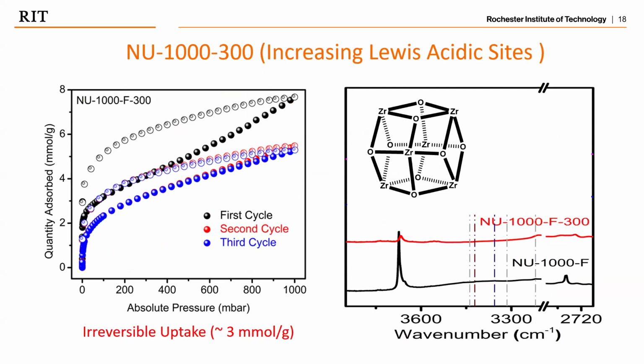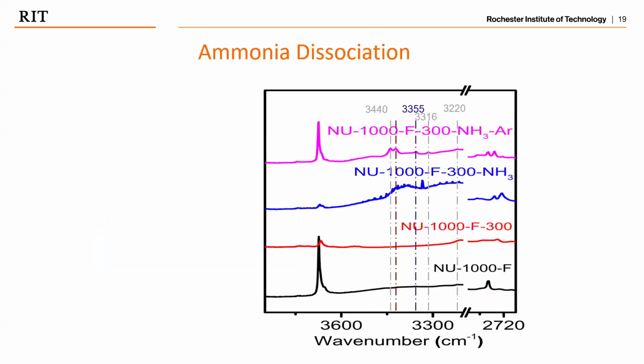It indicates each zirconium cannot coordinate with two ammonia, maybe because of the two chlorides on the zirconium. One interesting thing we found is that when we introduced ammonia and purged out the physisorbed phase, we left the chemisorbed ammonia there. We found the coordinated ammonia. It's not a surprise, as we expected, because we have zirconium open metal sites.